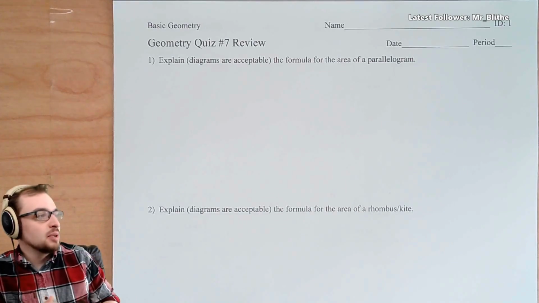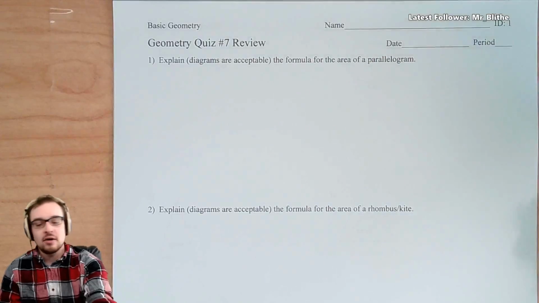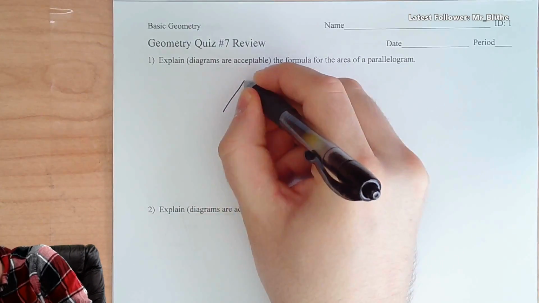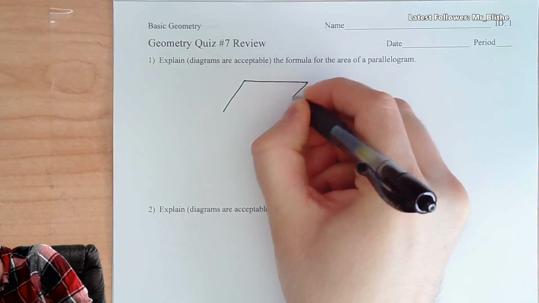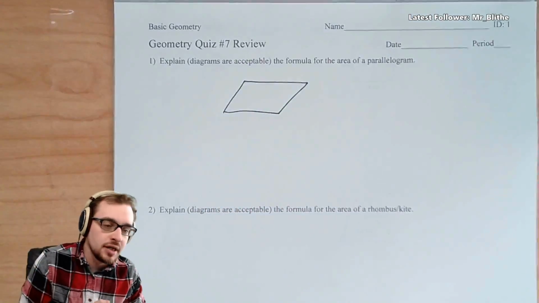All right, so explain, and diagrams are acceptable, the formula for the area of a parallelogram. So I'm going to draw a diagram of a parallelogram. Here's our parallelogram. It looks great.